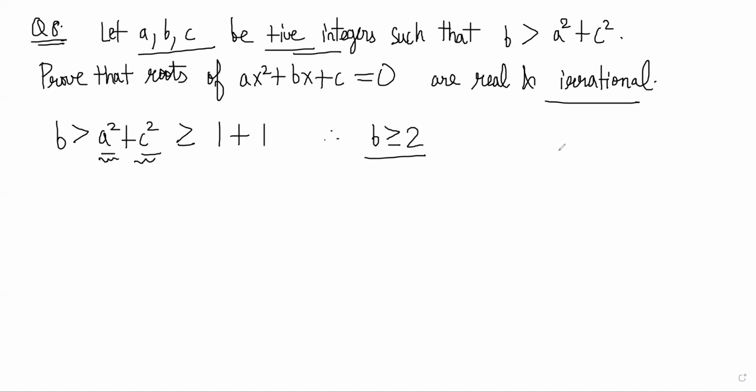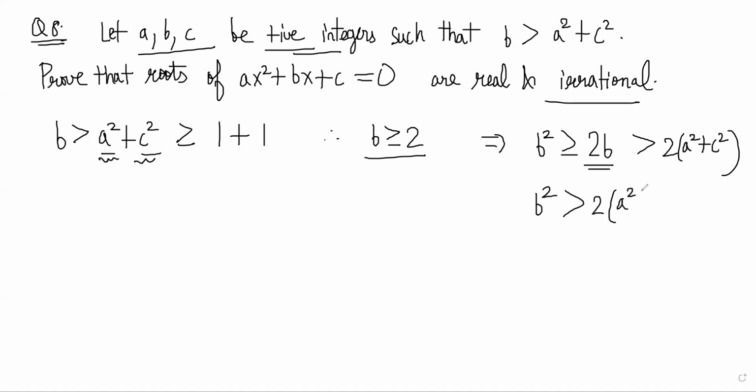Also, that implies that b square is greater than equal to 2b because b is a positive integer. I can multiply both sides by b. And 2b is clearly greater than twice of a square plus c square. So what I am getting is that b square is greater than twice of a square plus c square. And by AM-GM, I know that a square plus c square is greater than equal to 2ac.